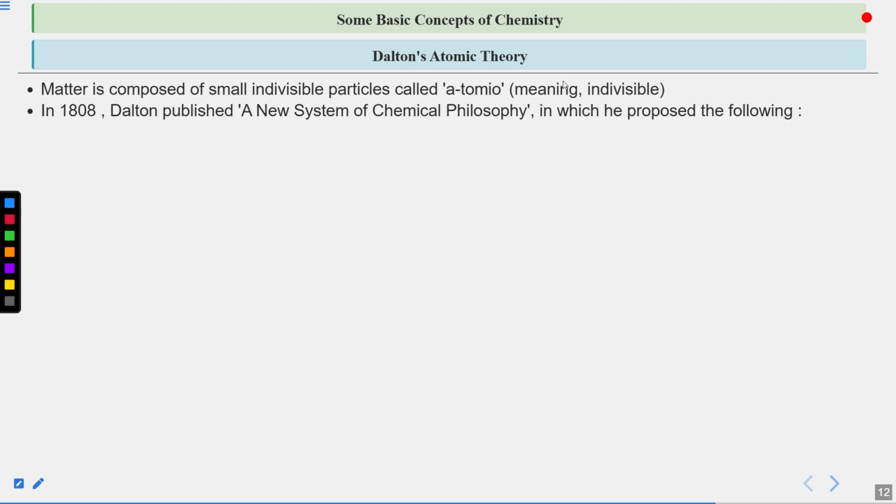Now, this was the point that was given first by Dalton in 1808, 1809. Along with this, he has some postulates which have been published in the New System of Chemical Philosophy. So this was just philosophy, okay? The experimental proof of this law was not there.